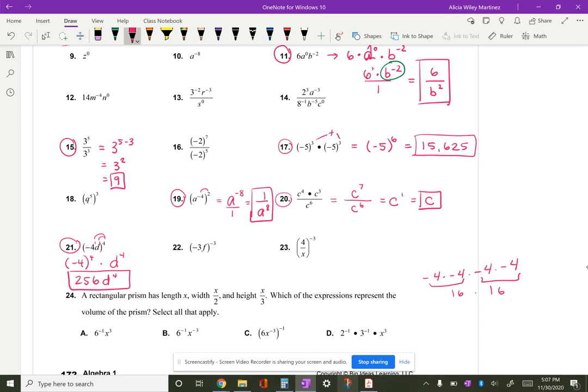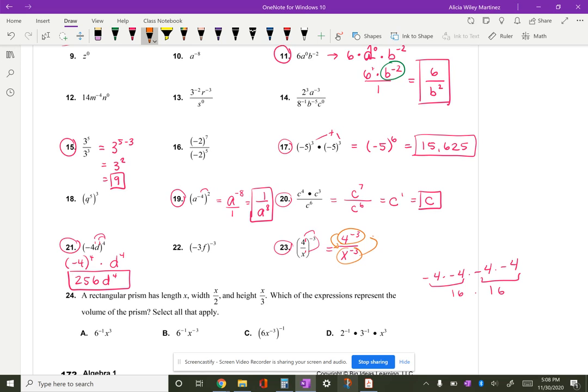Looking at number 23, this is a quotient to a power. Remember, everything has an exponent, even an exponent of 1. So I'm going to make sure to multiply that outside exponent to every exponent on the inside. So that's going to be 4 to the -3 over x to the -3. Both of these have a negative exponent. For both of these, they kind of got to switch places. This one's got to go down.